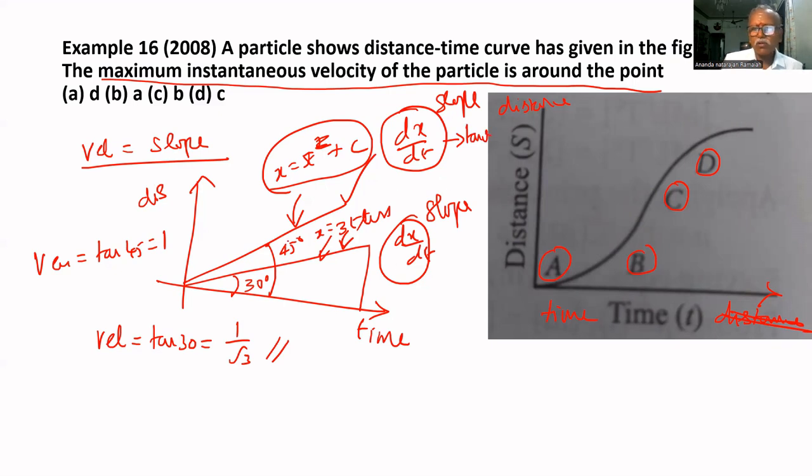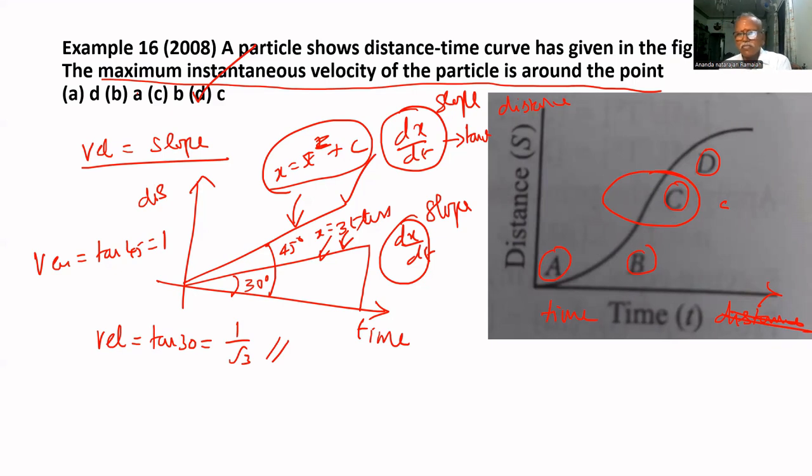If the angle is more, slope is more, and velocity is more. At C the angle is more. Therefore, around C velocity is maximum, the maximum instantaneous velocity. Therefore, the answer is C. A is D, B is A, C is B, D is C. Therefore, D is the answer.